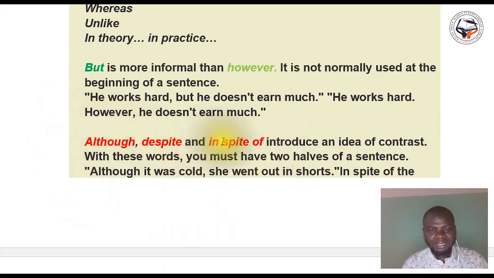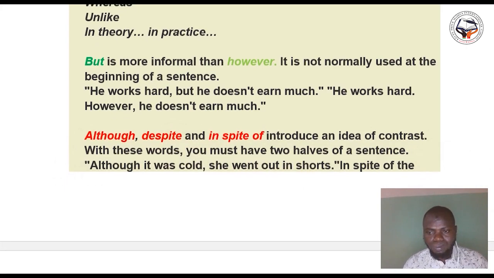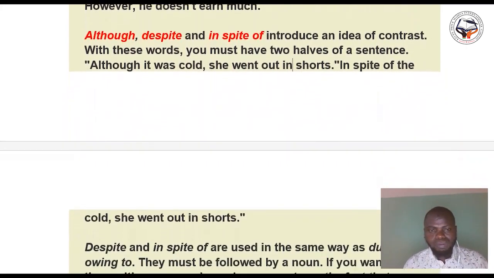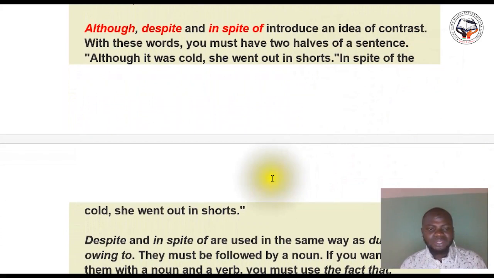Although, despite, and in spite of introduce an idea of contrast. With these words, you must have two halves of a sentence. Look at the example here. Although it was cold, she went out in shorts.